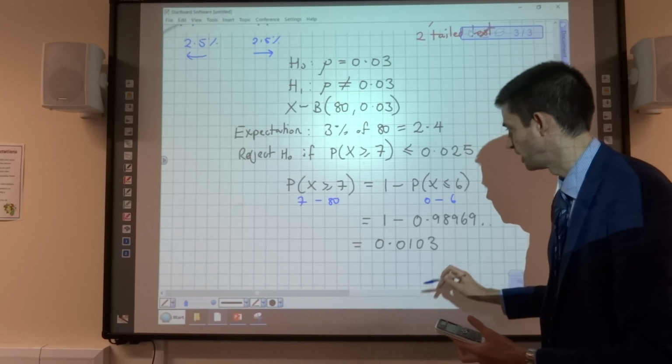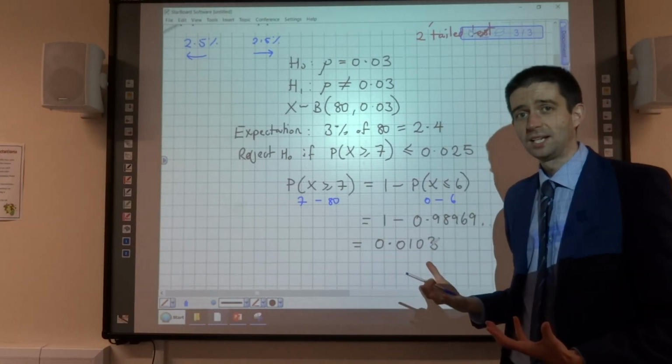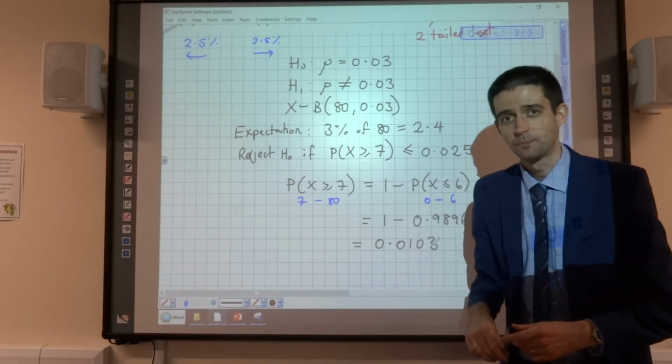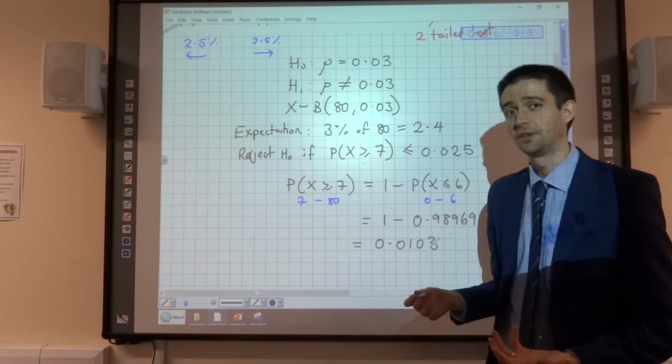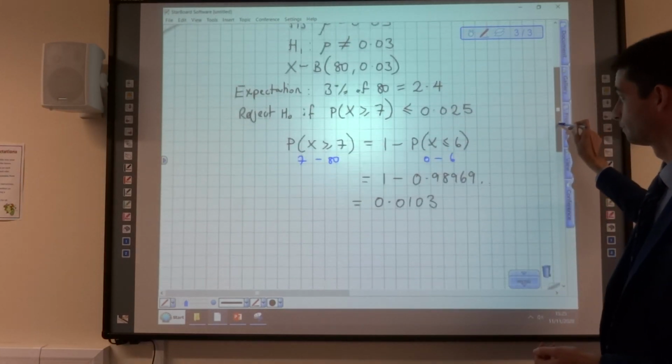So the probability of 7 or more people being left-handed is 1.03%. And I'm going to compare that with the significance level of my test, which is 0.025.